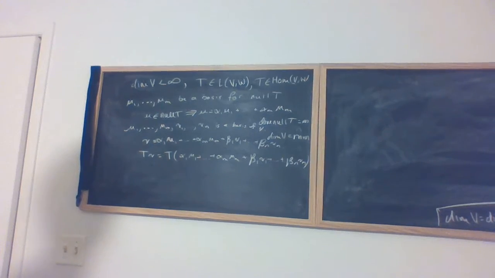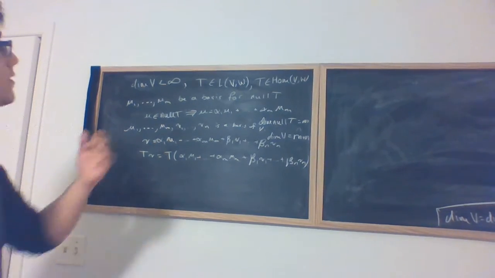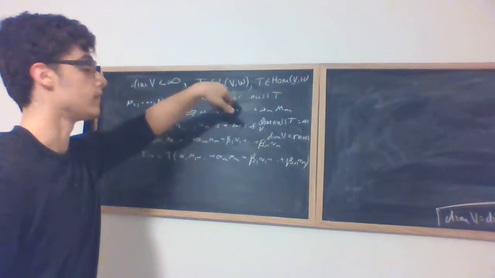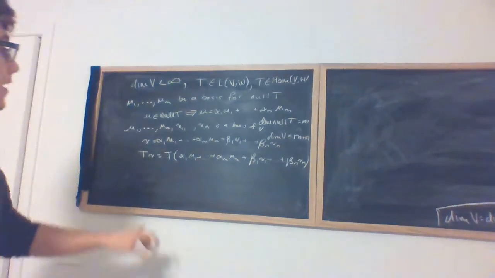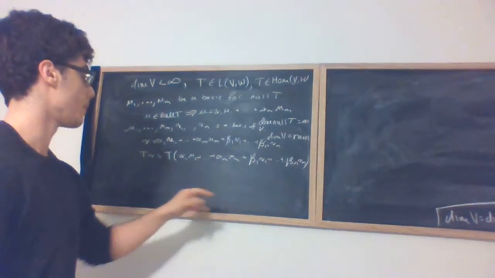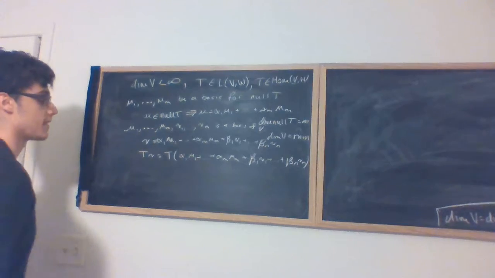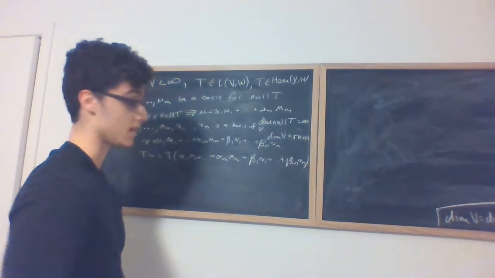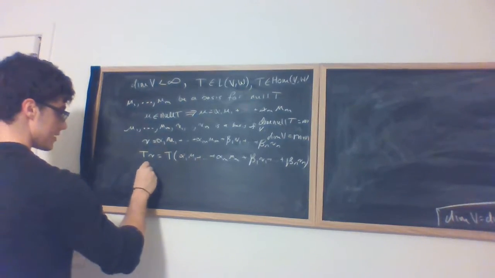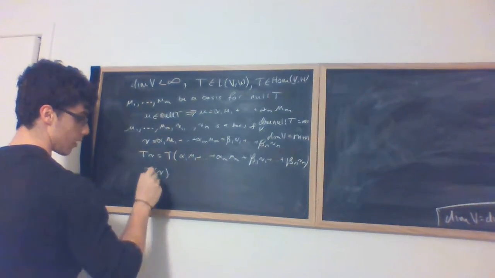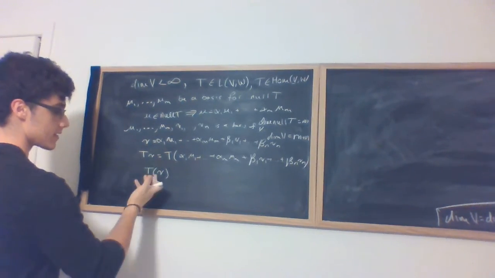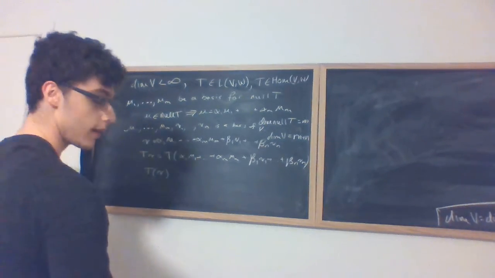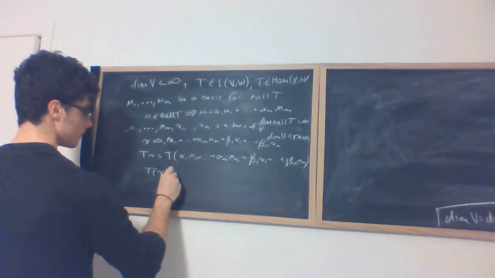Now, what's so special about this? T is a linear map. So it is additive and it is homogeneous. So that's just a fancy way of saying we could pull these coefficients in front and break this up into a sum. So T of V, and this T of V is an arbitrary element of the range of T, since V is an arbitrary vector in V. Right?